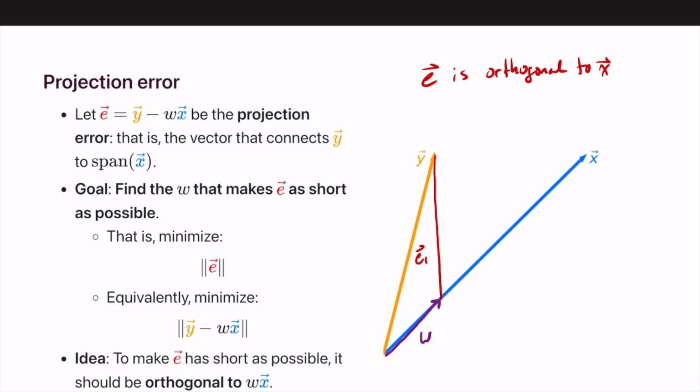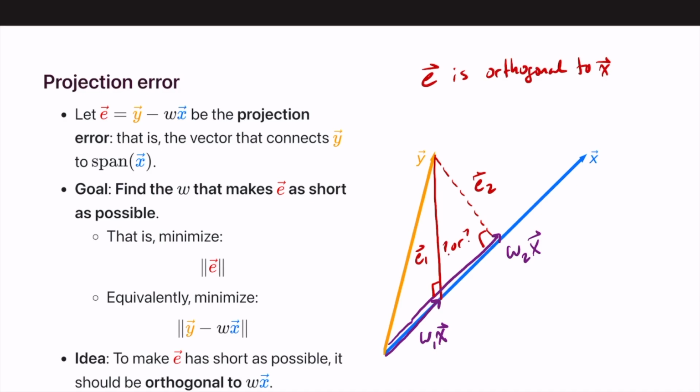We have some w, and this would be w1, and this is a scalar that turns x into being this distance. And then we also have perhaps another one, w2x, and this causes another vector here, e2, and we want to know which of these vectors is orthogonal. Is it this one or this one?